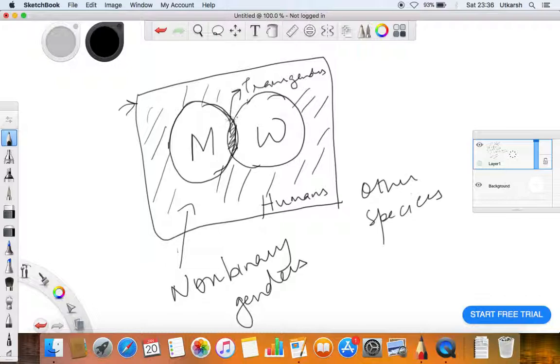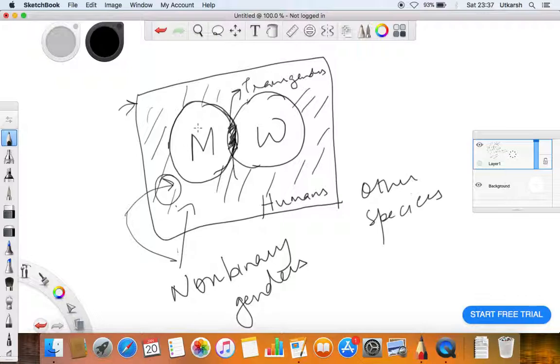Now, people who are, say, transgenders, as in they have both male and female characteristics, will go on both plates. So these people here are on both plates. What are these people here? These people are neither men nor women nor transgenders. I mean, there are these new non-binary genders. You may want to look it up for CLAT GK. But yeah, these are the non-binary people, but they are still humans, right?